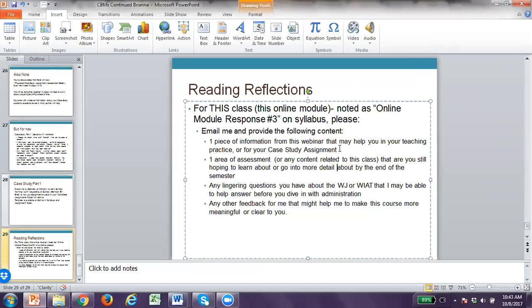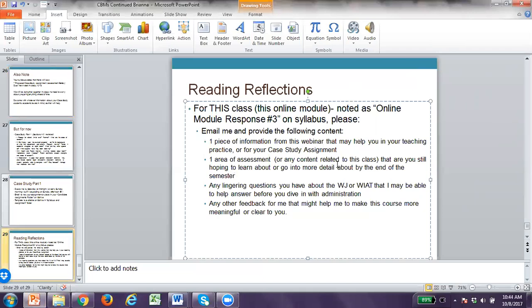I also want to know one area of assessment practices in general, or any of the content related to this class around assessment, error analysis, IEP development, that you are still hoping to really focus on, learn more about, or go into more detail on by the end of the semester.